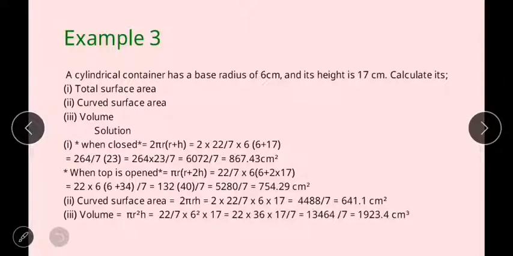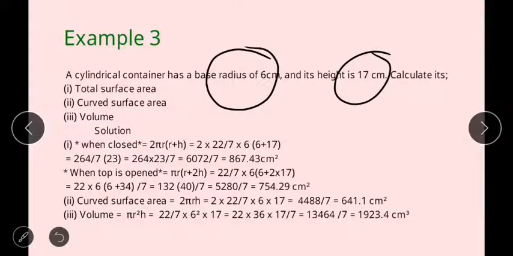Do you understand? Good. So now 2 multiplied by pi, which is 22/7, multiplied by r. Our r is the radius and it has been given as 6 centimeter. Open brackets, r plus h. Our h is the height, 17.